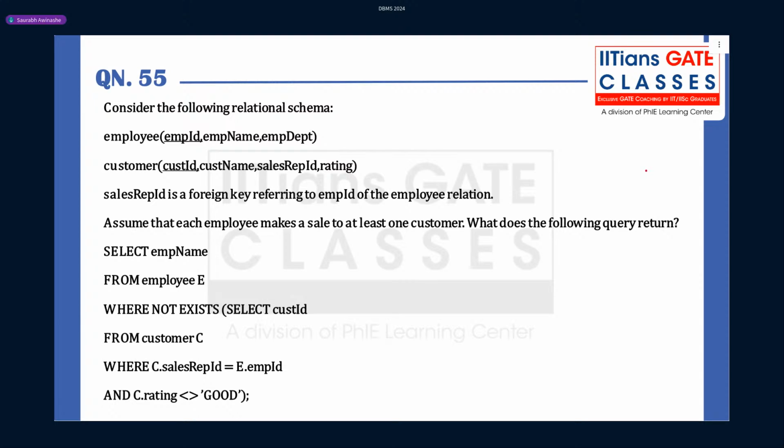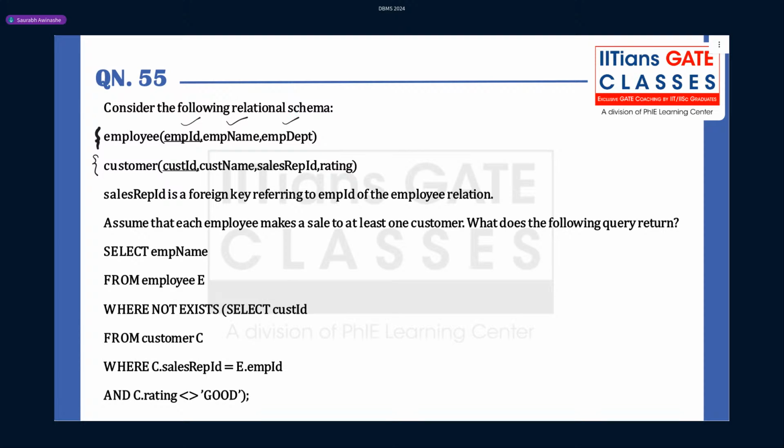Okay, so let's look at this question, which is question number 55 from the sample paper. So we are given the following schema. We have two tables. One is the employee, and the second one is the customer. So in the employee, we have the employee ID as the primary key, and employee name and employee department.